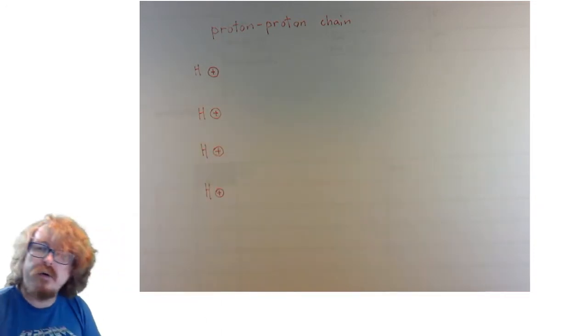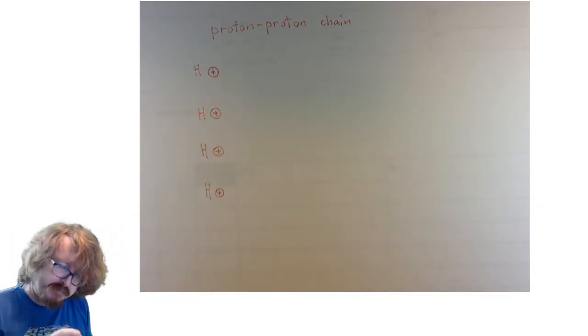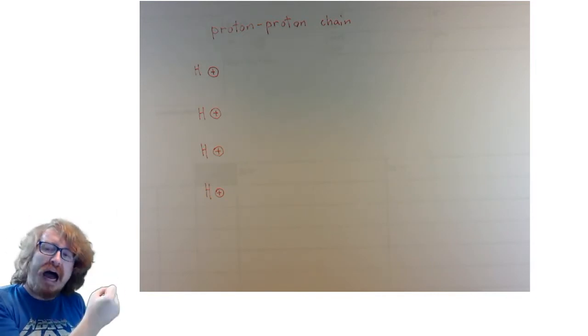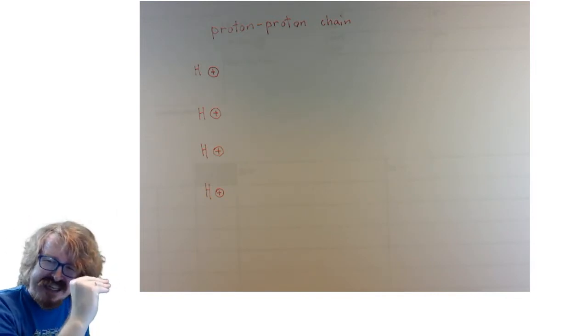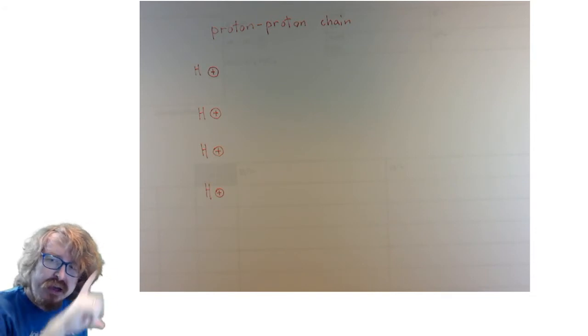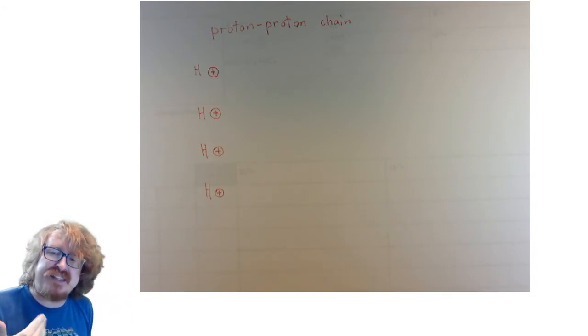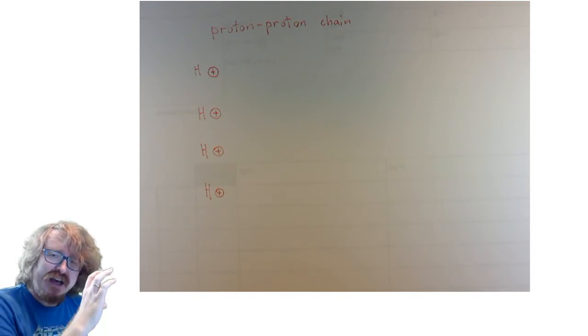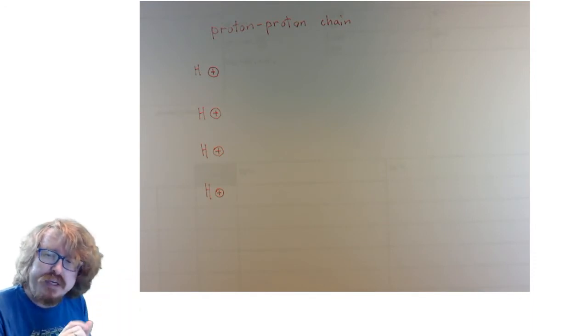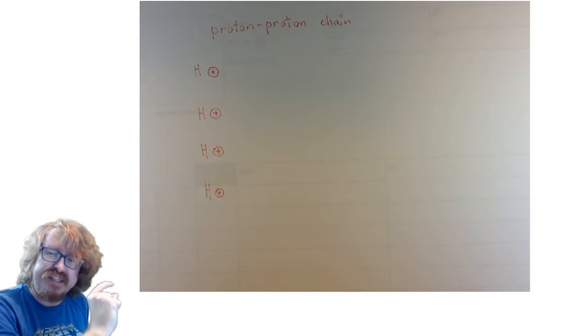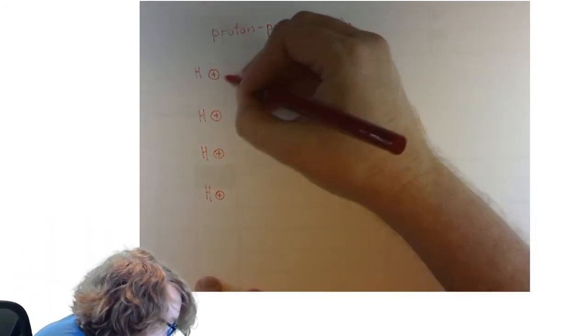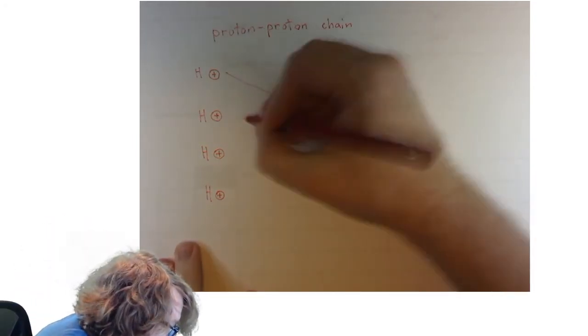Okay, now we're going to fuse them, which means because it's so hot and so dense, they're going to come together and stick, okay? They don't want to, but because it's so hot and so dense, they accidentally run into each other, and the strong force is able to stick them together, okay? So let's bring them together like this.